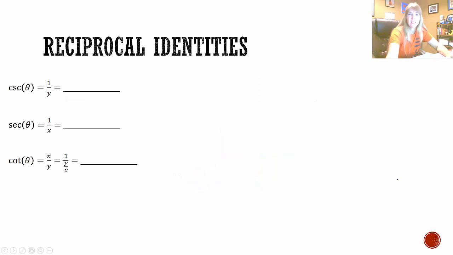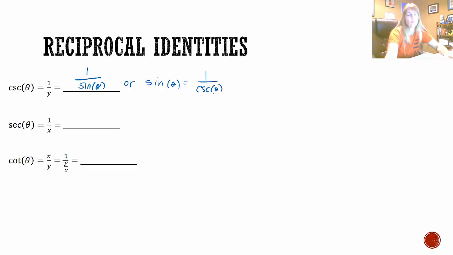I've kind of hinted at these already, where I've said notice the connection between these. The cosecant, we said, is 1 over y. Well, y is the sine, so that's a nice little connection to remember. A lot of times students will remember that the sine is the same as 1 over cosecant.